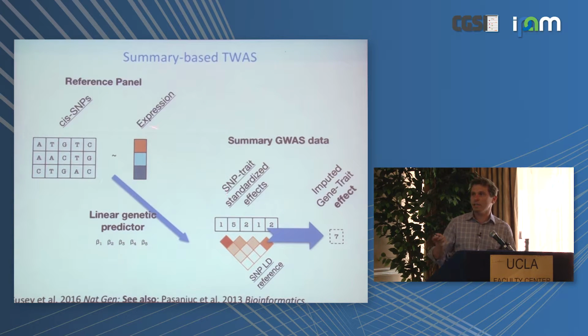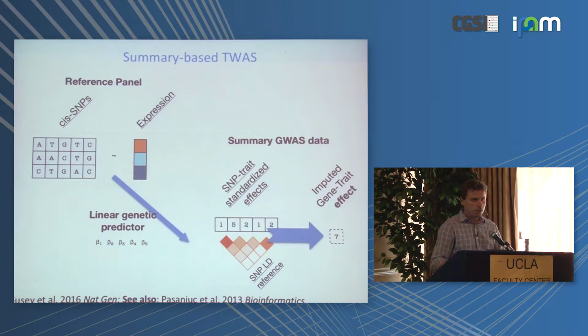So what you do is train a linear predictor from EQTL-type data, and then take the marginal effect sizes from GWAS, like the p-values from all the SNPs in that region. You apply a linear transformation after accounting for the correlations between these variants, and you can impute directly the standardized effect between expression and trait. So you don't need to impute expression in every individual; you can impute directly the correlation between expression and trait, had you imputed expression in all the individuals.